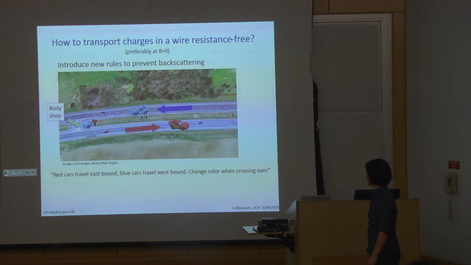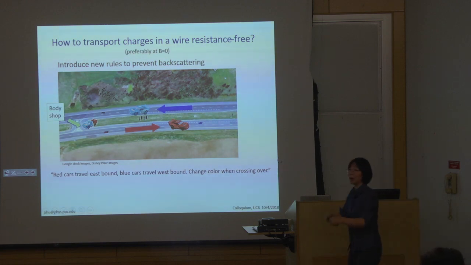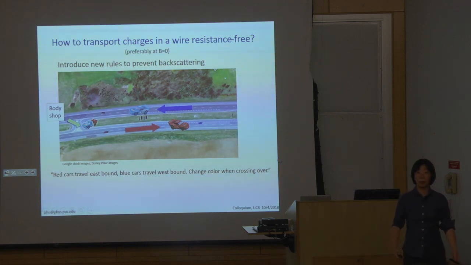Okay? But here I mean by color, some sort of a quantum degree of freedom that you attach to the direction of propagation for the electron. If you could lock it to the propagation of that electron, and if you could reduce the number of body shops to 0, then the electrons have no way of backscattering, right?